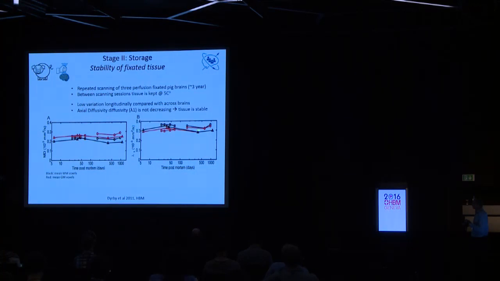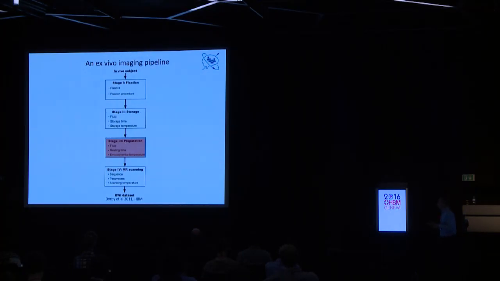We can see that the diffusivity is constant over time, indicating that the tissue has stabilized. We saw before that if you have autolytic effects going on over time, then the diffusivity in the principal direction will decrease significantly.